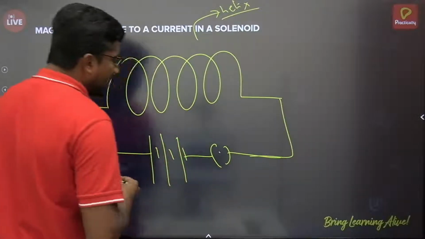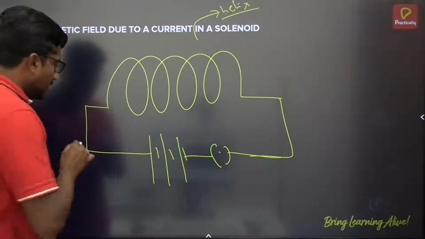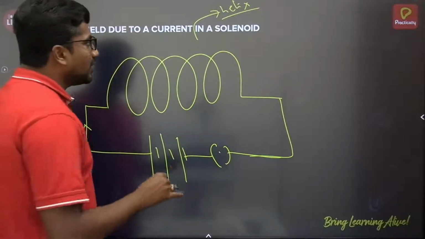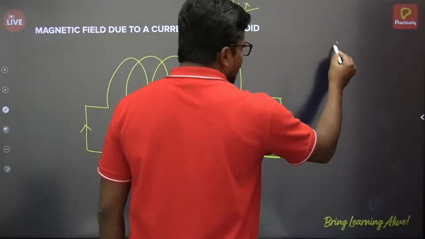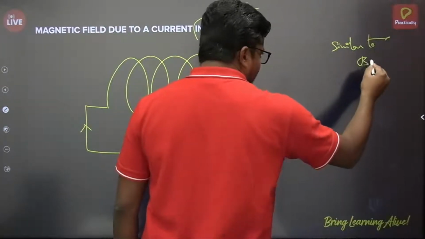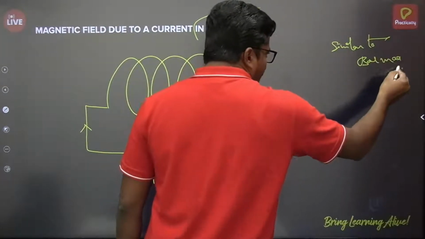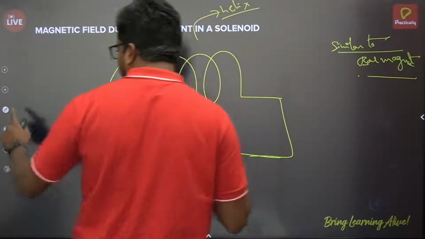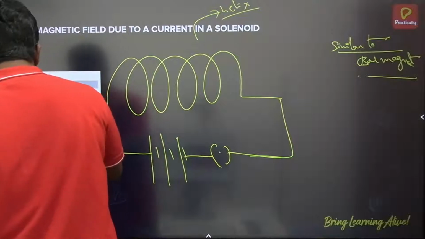So generally, when electric current flows through this solenoid, then magnetic field developed is just similar to a bar magnet. So for bar magnet, how magnetic field will be, we have seen.